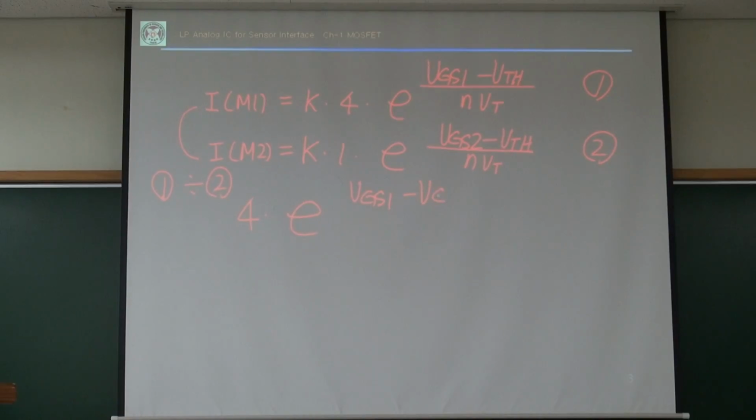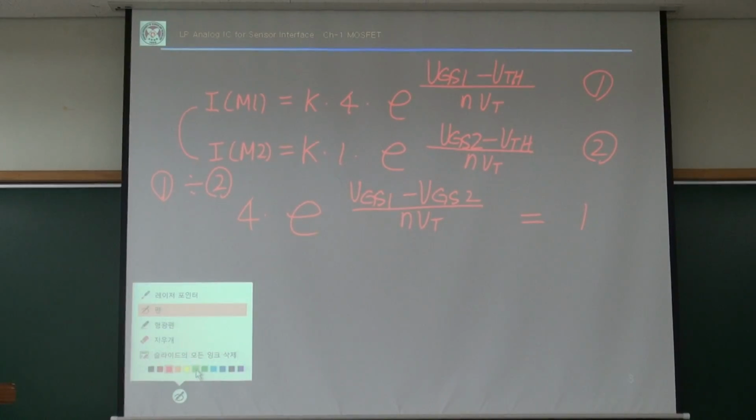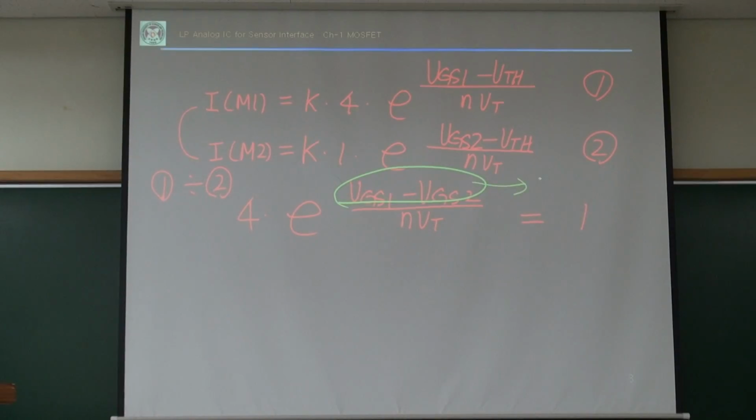VGS1 minus VGS2 over NVT should be the same, right? Okay. Then this is only this part. This is only I times R, right? So my I is only 1 over R, what is that? Log 4. NVT log 4. So this is my current in a subthreshold equation, okay?